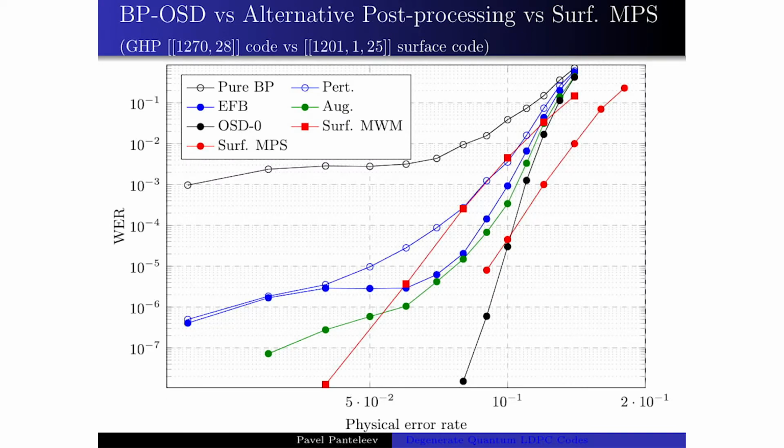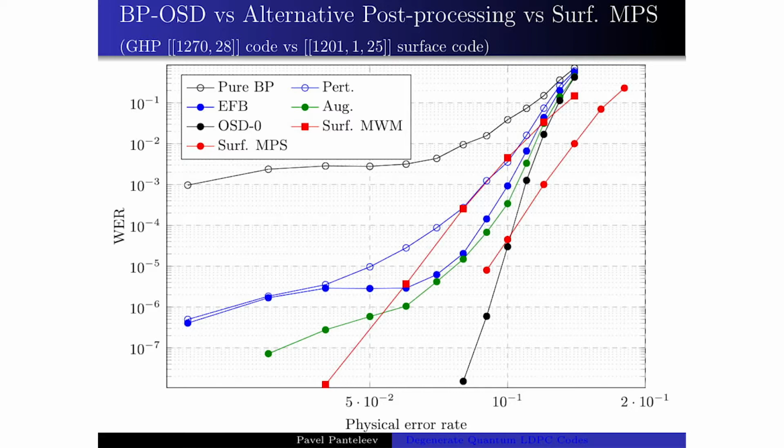And here you can see the simulation results. We used one of our constructed codes, and we compared it with surface codes that have approximately the same number of physical qubits. But our code has 28 times more logical qubits, and you can see that this red curve that corresponds to the surface codes intersects with the black curve that corresponds to our code.